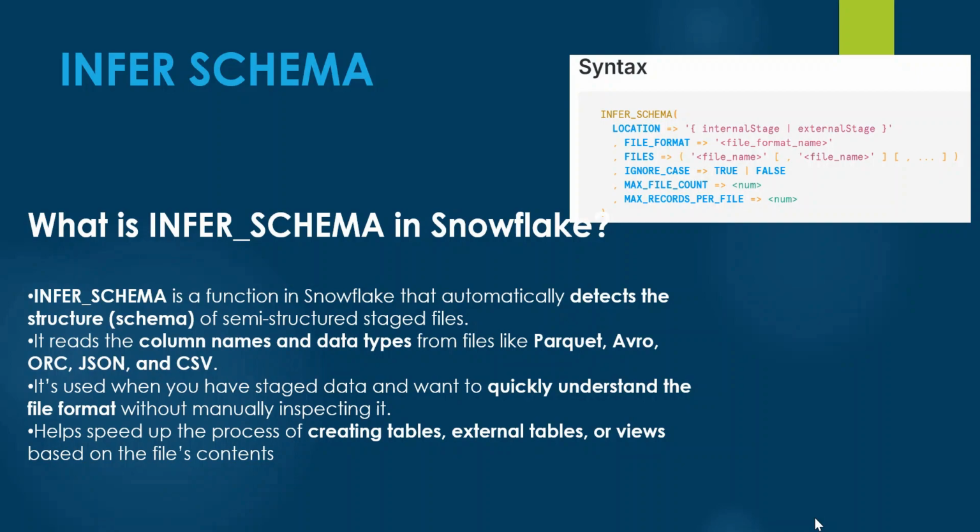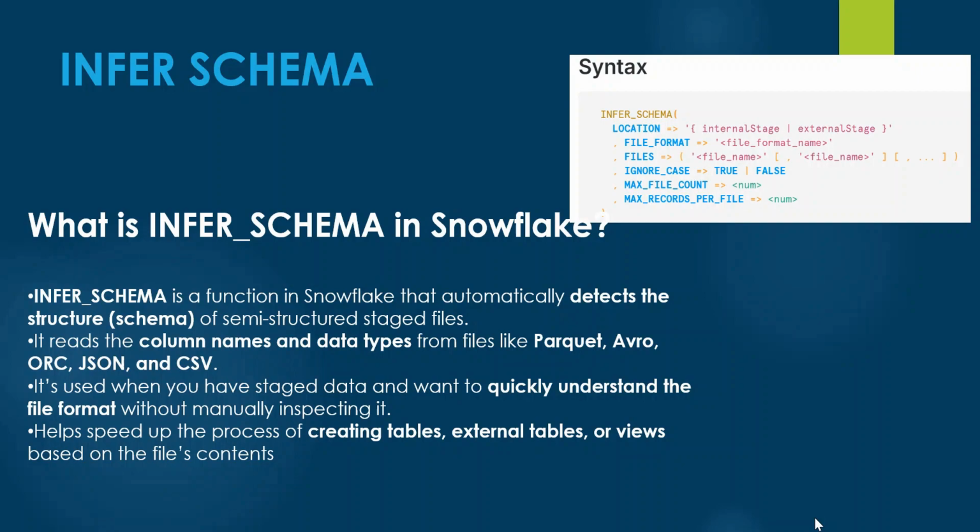So what Infer Schema is, how to use it, what steps are involved, and how we will be creating a table without needing a predefined schema. So let's look into the section.